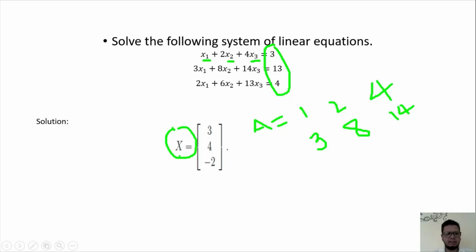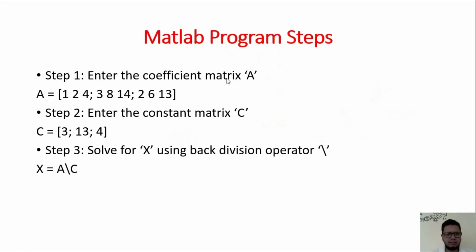So the steps in the MATLAB program are: the first step is to enter the coefficient matrix A, that is 1, 2, 4, the coefficients of the first equation. To go to the second equation, I separate the first equation's coefficients from the second equation's with a semicolon.